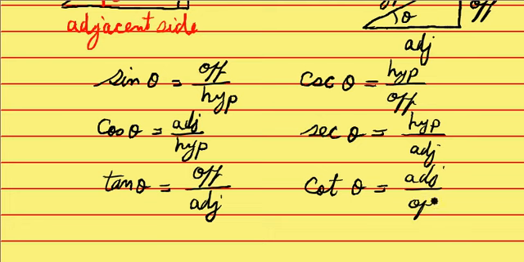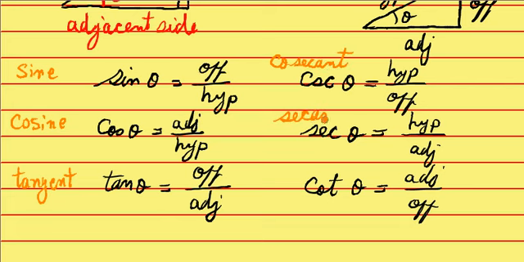by the opposite. So maybe I better go ahead and write the names for those of you who haven't even seen the names. So this is the sine, this is cosine, this is tangent, this is cosecant, this is secant, and this is cotangent.